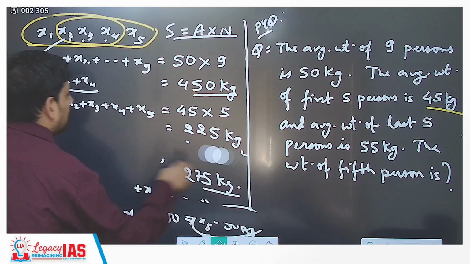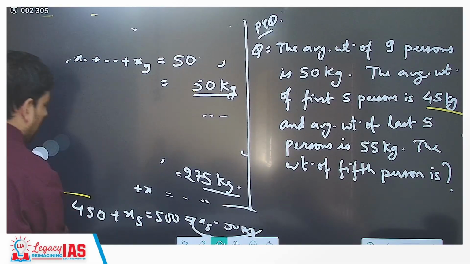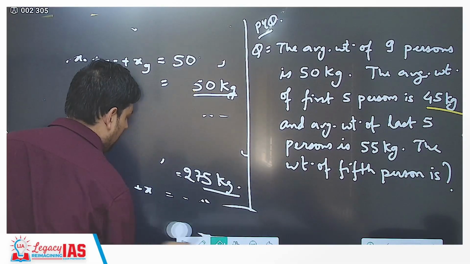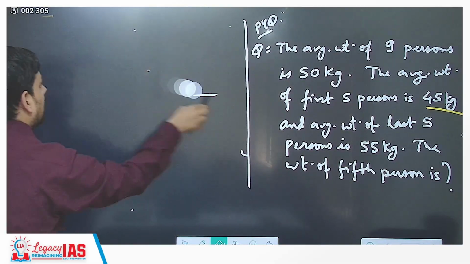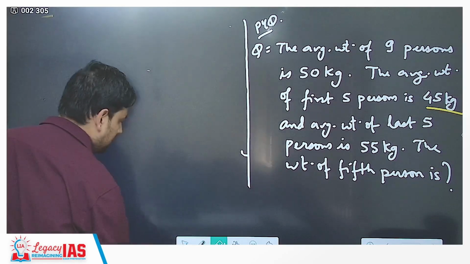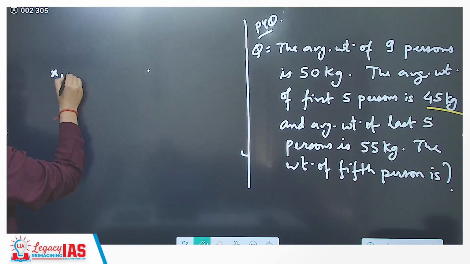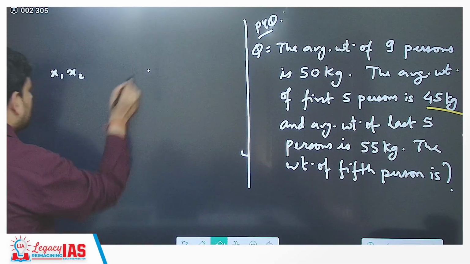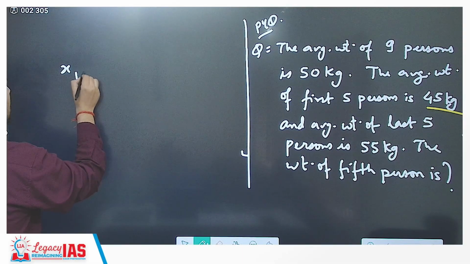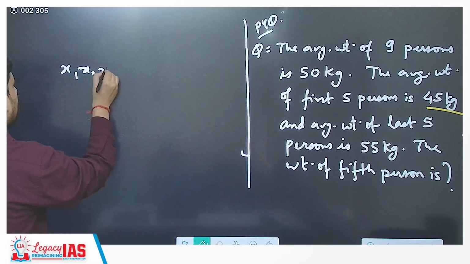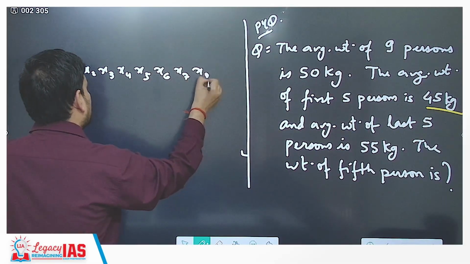Let's see that. So 5 here you have. Okay, so x1, x2, x3, x4, x5, x6, x7, x8, x9.